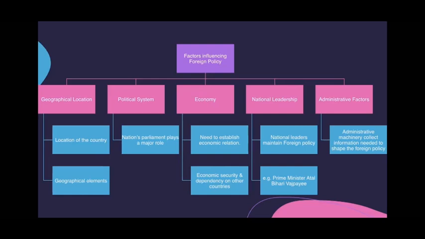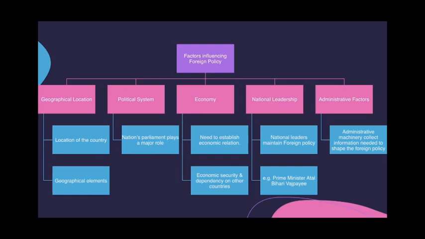Whether the country is landlocked, whether the surrounding countries are friendly countries or they are competitors or enemy countries, all this impacts the foreign policy. The geographical elements, meaning the coastline, the weather conditions, the size of population, the mineral wealth, all this impacts the foreign policy.